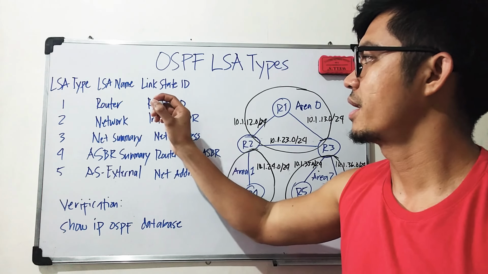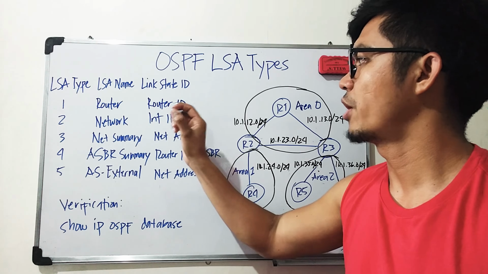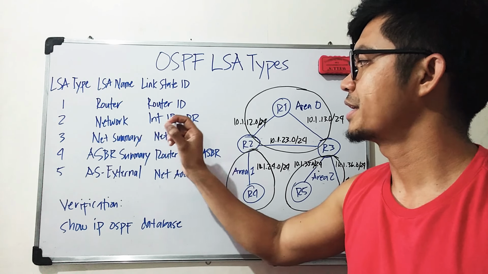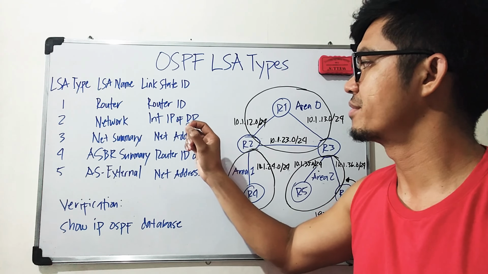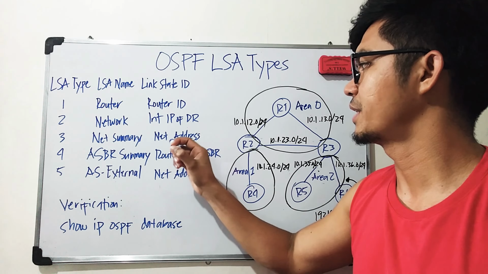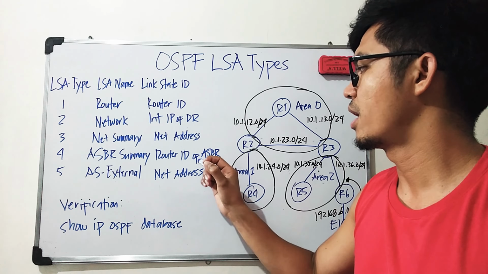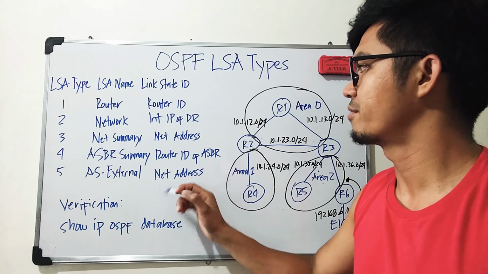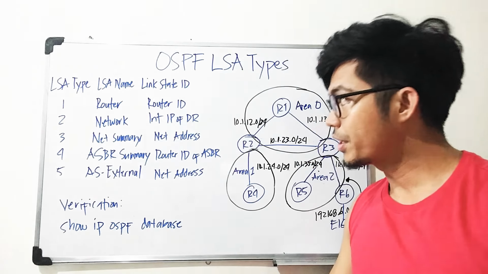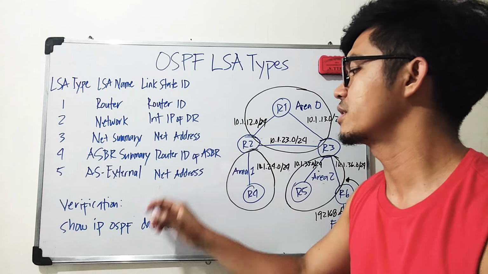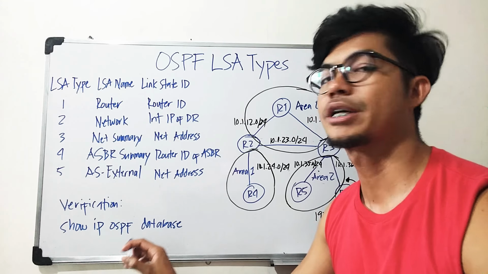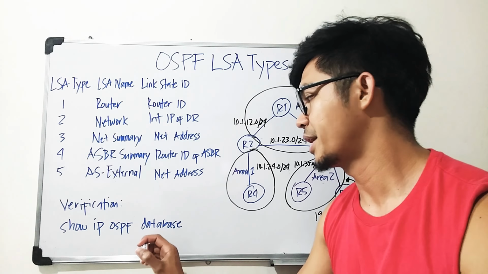And we have the link state ID: router ID, interface IP of the designated router, the network address, router ID of the ASBR, and the network address. You can actually see these if you do a show IP OSPF database.